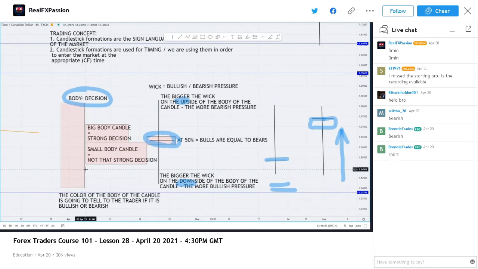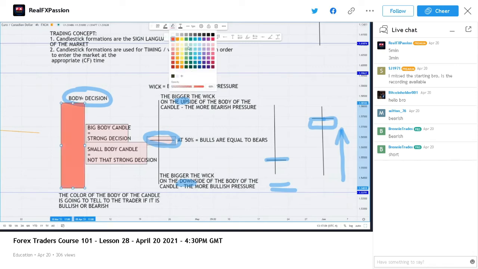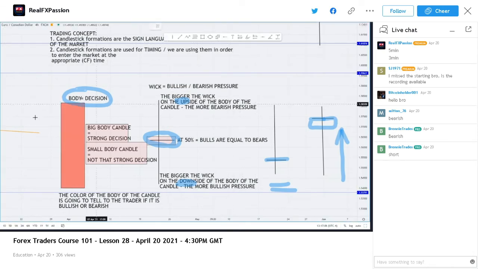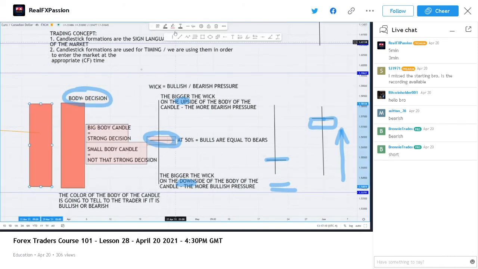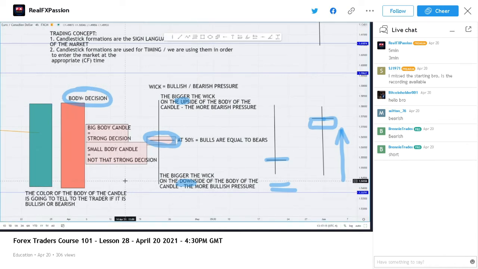So let's make this red, and we are going to put another quadrant here, and we're going to make it green. And here, the color of the body of the candle is going to tell the trader if it's bullish or bearish. Okay, everyone, take a screenshot, take a picture. Put it in your book of learning how to trade the Forex market.